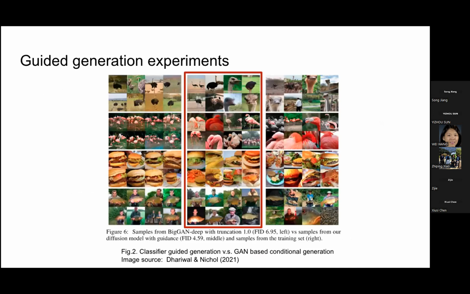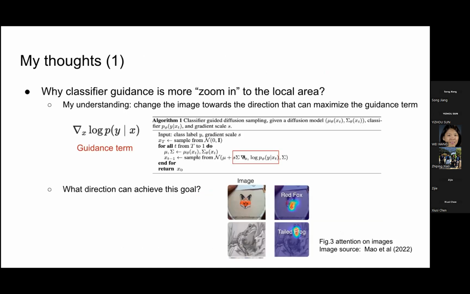So go back to this example, is this head that can make the classifier know what label this image belongs to? And that's why this gradient will go towards those areas.